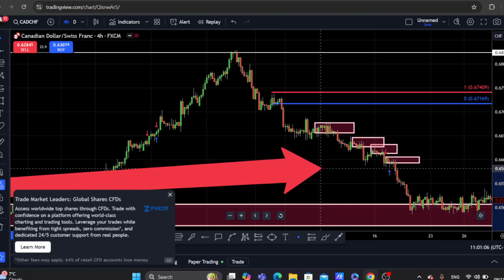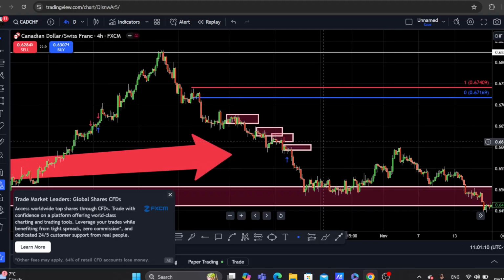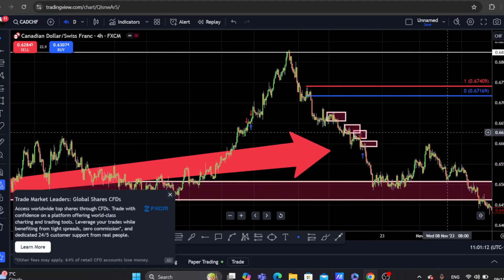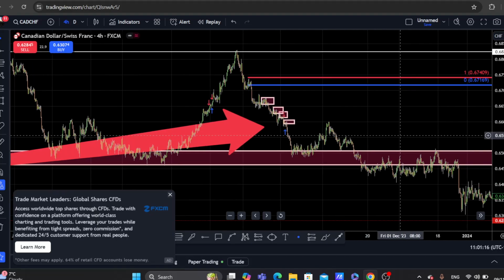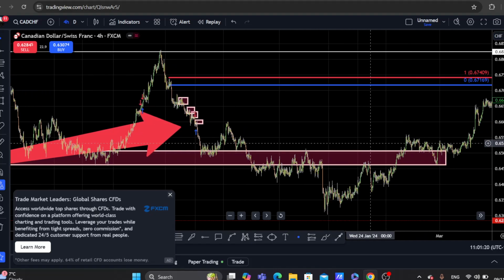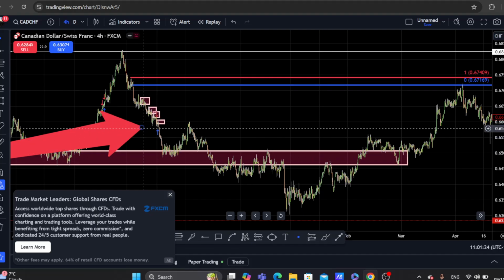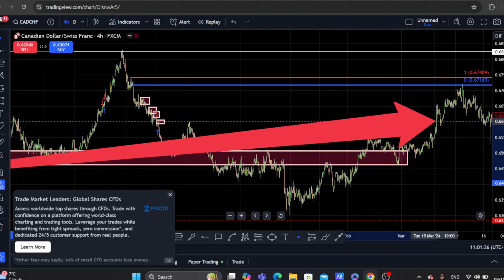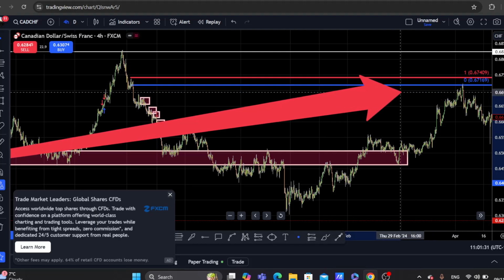All right. Okay. So let's push to the right and see what happens when the market came to that level, if the market pushed down from that level. Okay. So the market pushed up to that supply zone that I marked.